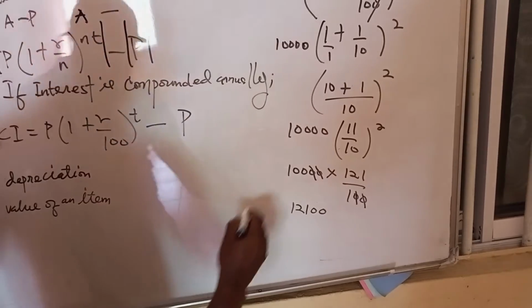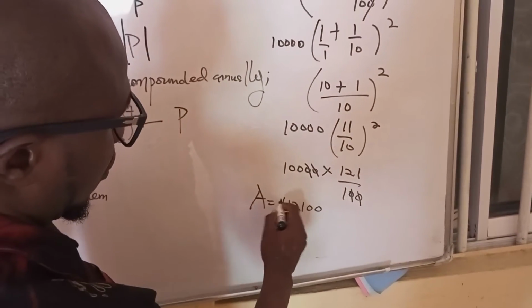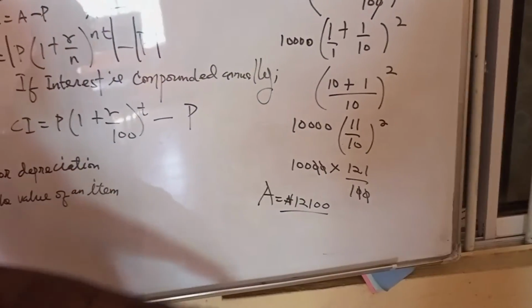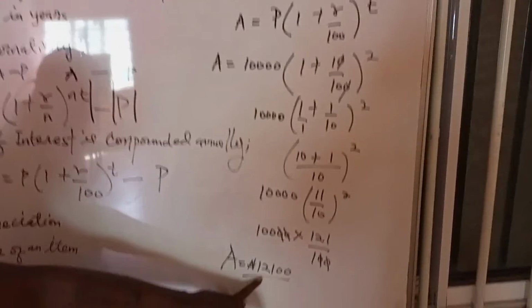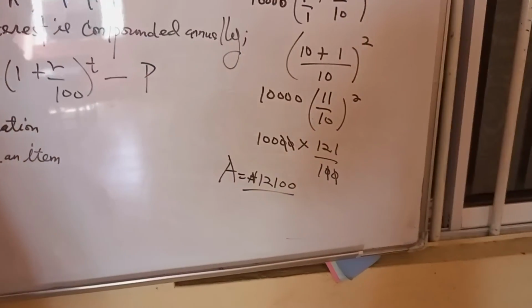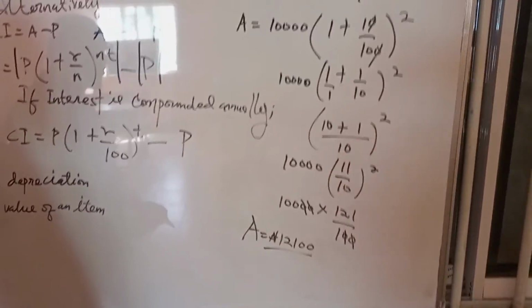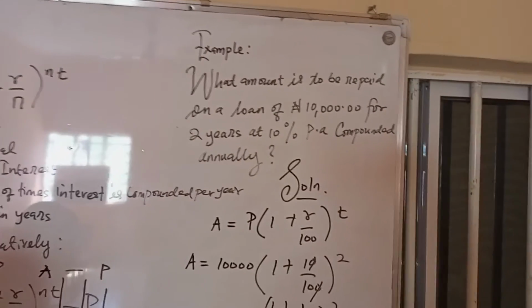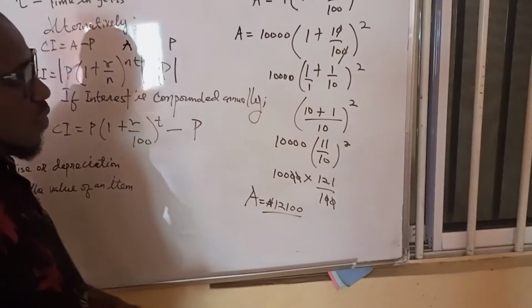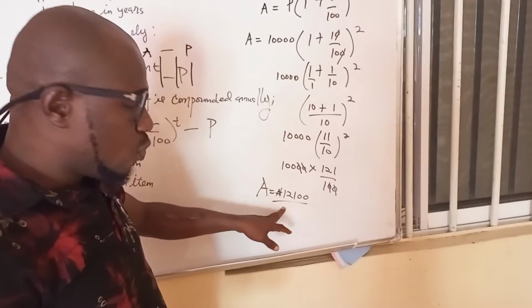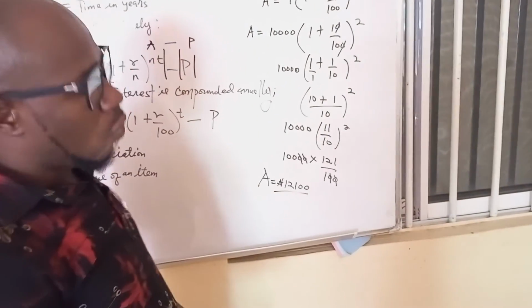So the amount compounded after 2 years is 12,100 naira. When it's compounded annually for 2 years, you have 12,100.